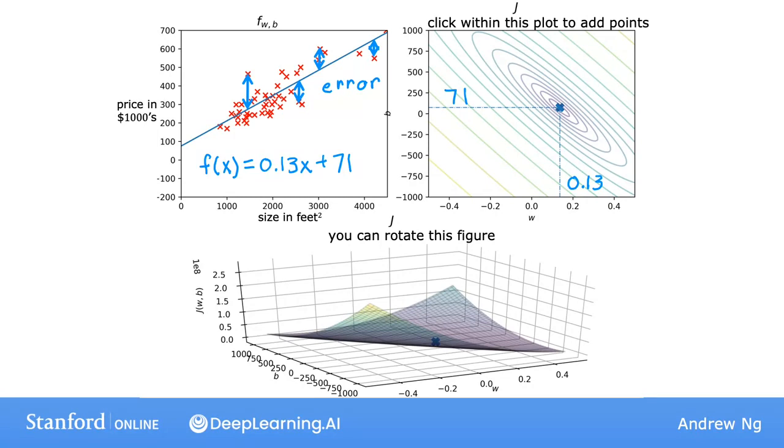I hope that by looking at these figures, you can get a better sense of how different choices of the parameters affect the line f of x and how this corresponds to different values for the cost j. And hopefully, you can see how the better fit lines correspond to points on the graph of j that are closer to the minimum possible cost for this cost function j of w and b.